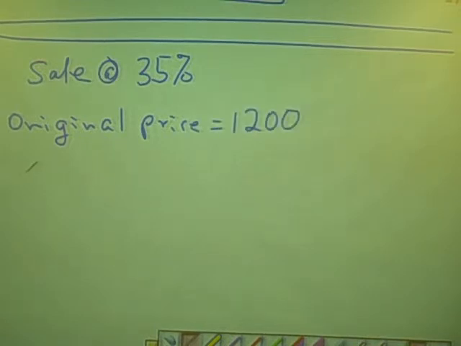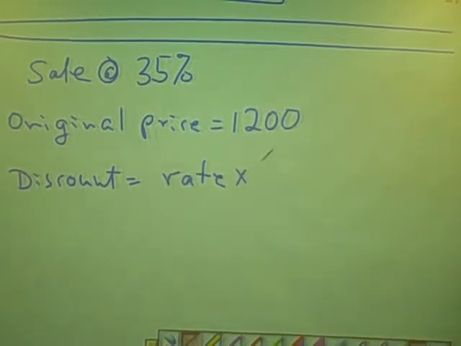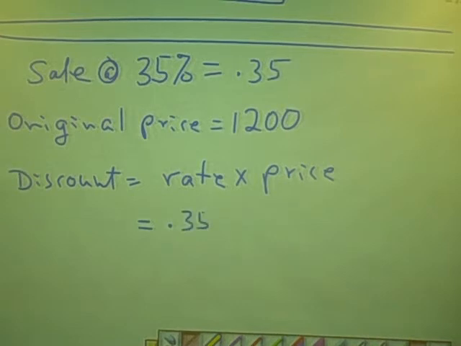So the discount is equal to the discount rate times the price. We've got to change this 35% to 0.35. So this will be 0.35 times 1,200, and from that we get 420.